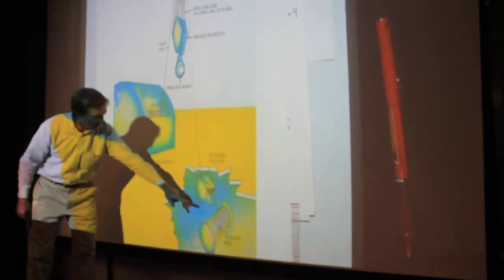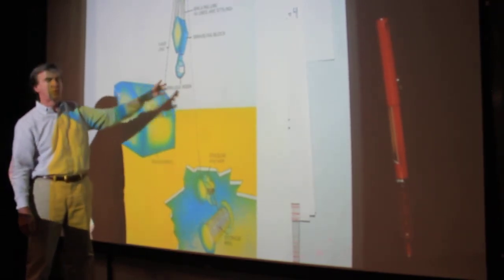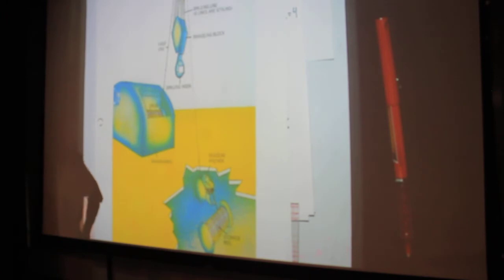But what happens, the reason why they have this storage reel down here, because after certain, what they call trips into the hole, trips out of the hole, that cable starts to fray. You don't want that cable to break, okay?